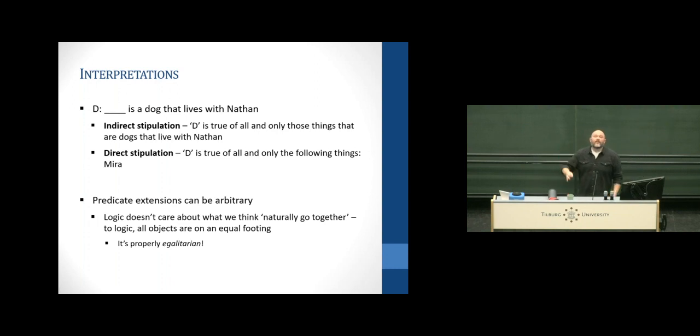Both of those are perfectly good assigned extensions of any predicate we want. An individual letter doesn't really stand for being a spy or being a vegetarian. It just does on one interpretation. But we can make any interpretation we want.